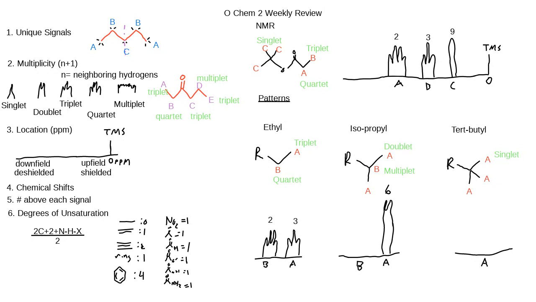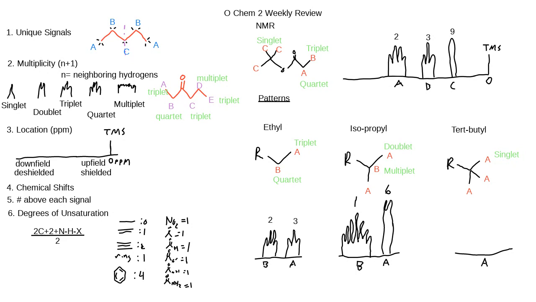So 1, 2, 3, 4, 5, 6, 7. And above it should represent how many hydrogens it has, and it has a single one.